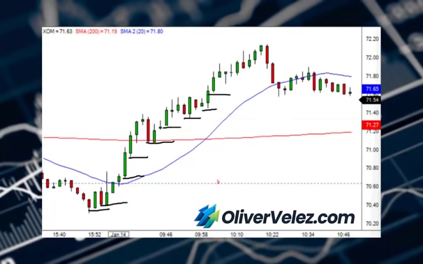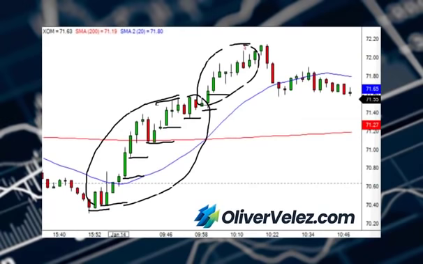Now, here's something interesting. The higher you go, the smaller your fat bars can be that you use. So the beginning will tend to be fatter than the second part. That makes sense because of all the piling in at the beginning of a move and the starting to ease out for profits at the end of a move.